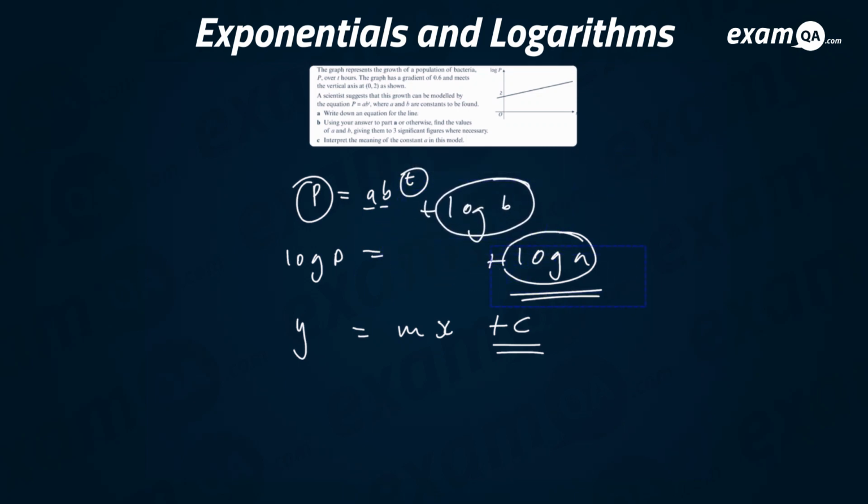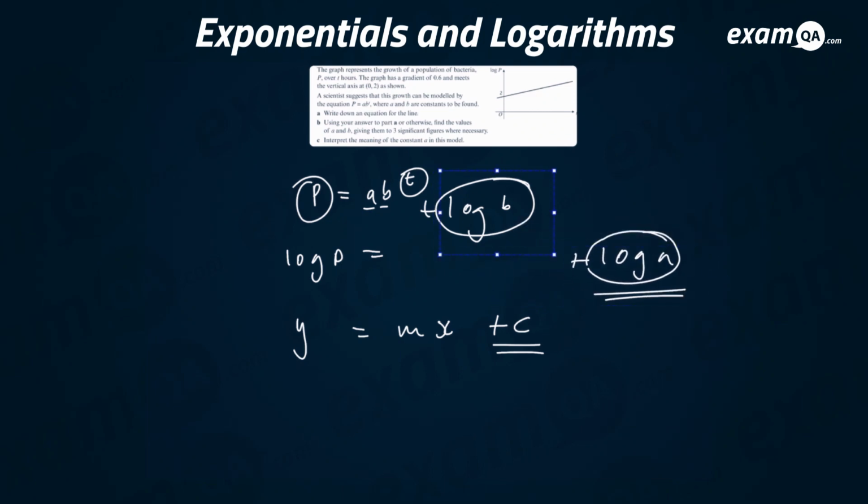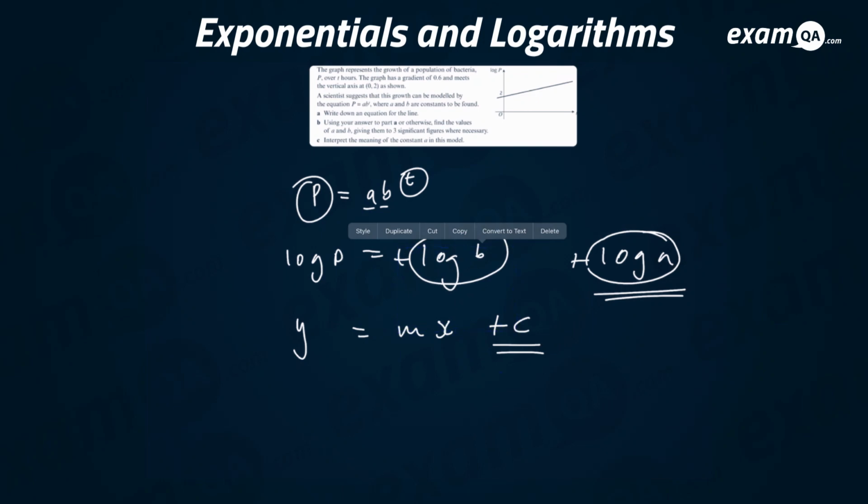This t log b was a constant, right? What else is a constant? x is not a constant, m was the constant. So that means log b must have been m. And t is the variable, and we already knew that because we said that.